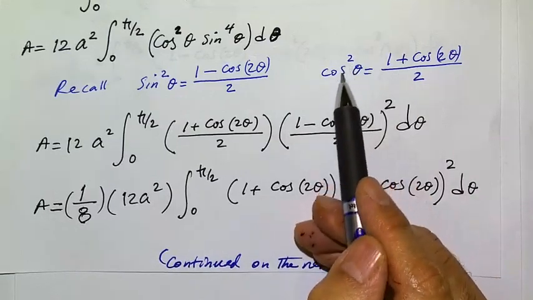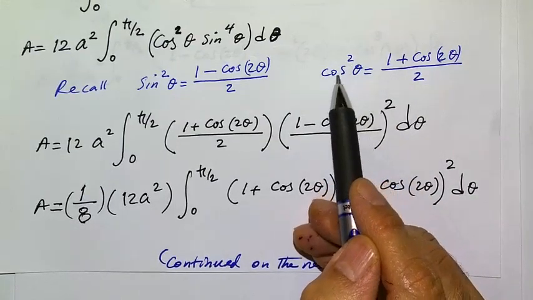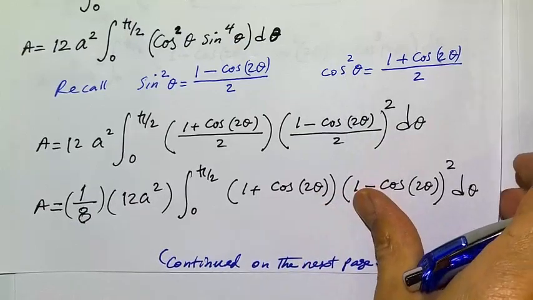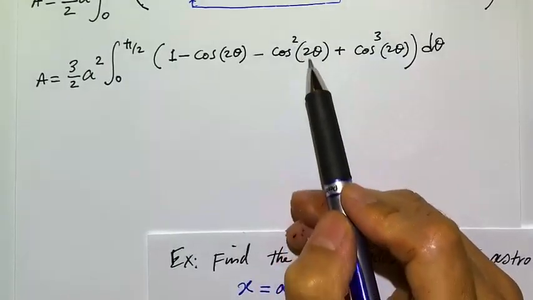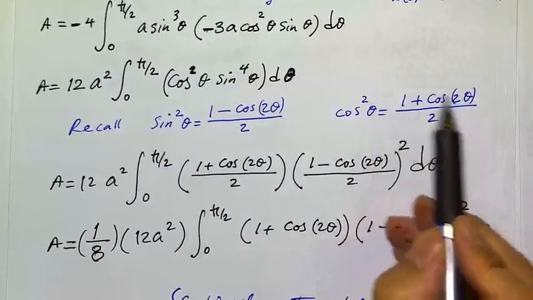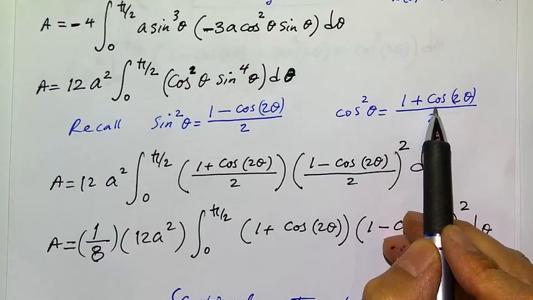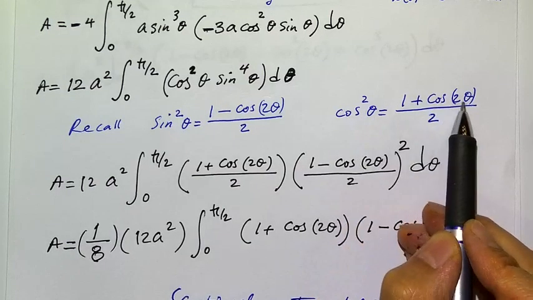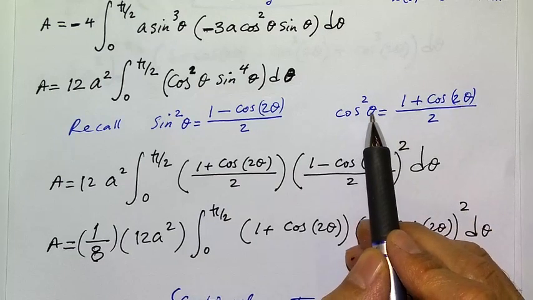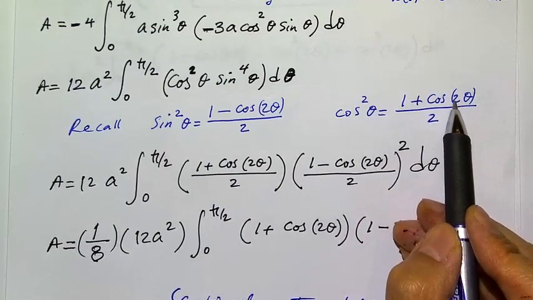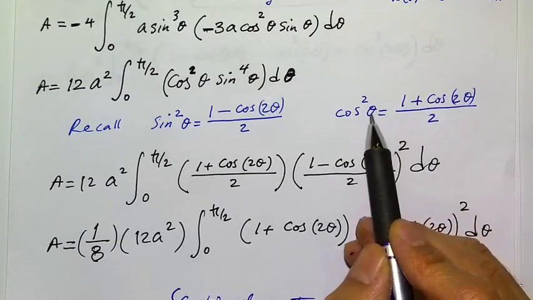This is the original formula for cosine squared theta, which we learned about in trigonometry. But here we have cosine squared 2 theta. What difference would that make? Well, when you rewrite this in terms of that, you have 2 times theta.